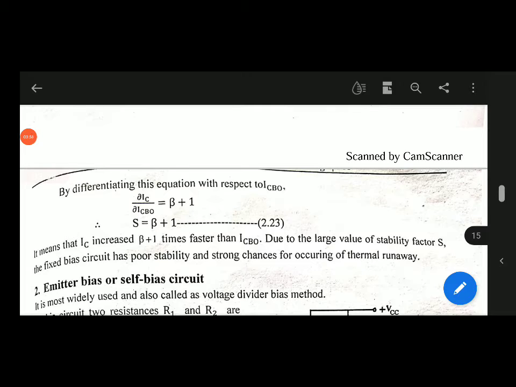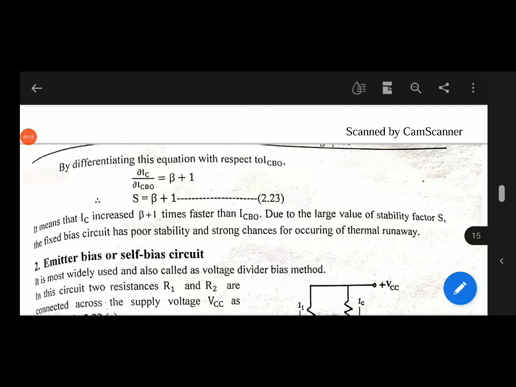It means that IC, the collector current, increases beta + 1 times faster than the leakage current ICBO. Due to the large value of stability factor S, the fixed bias circuit has poor stability and strong chances of thermal runaway.